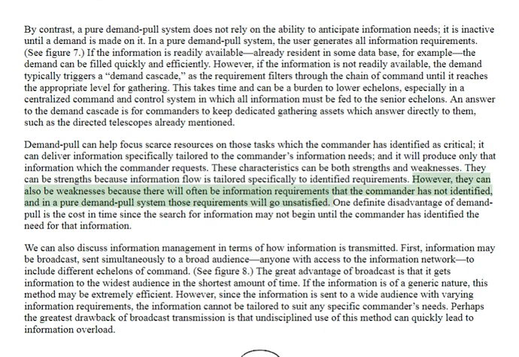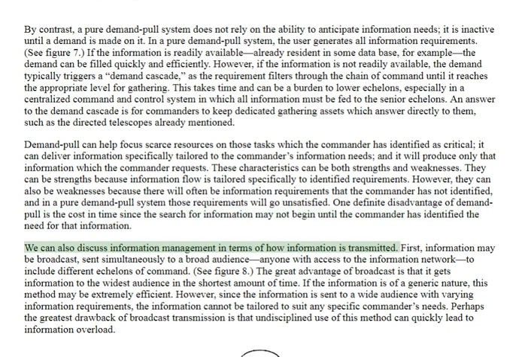However, they can also be weaknesses because there will often be information requirements that the commander has not identified. And in the pure demand-pull system, those requirements will go unsatisfied. One definite disadvantage of demand pull is the cost in time, since the search for information may not begin until the commander has identified the need for that information.